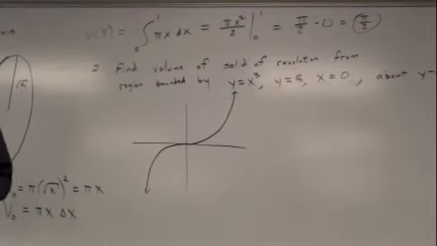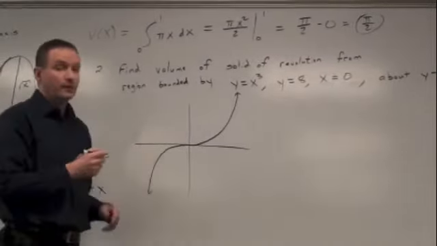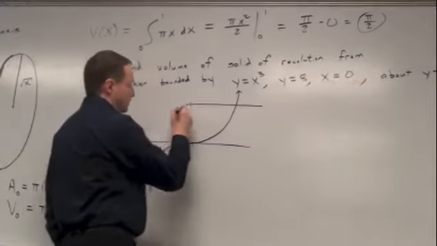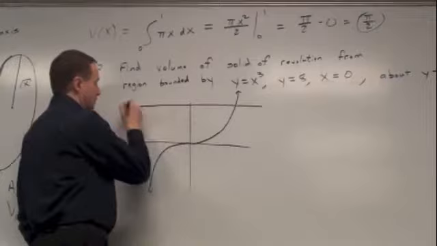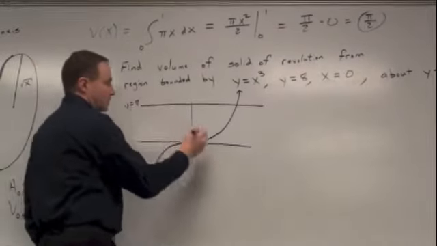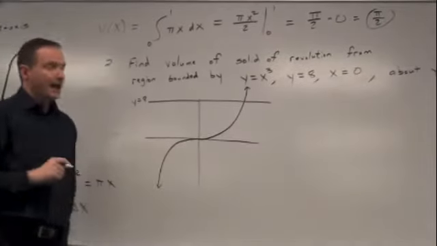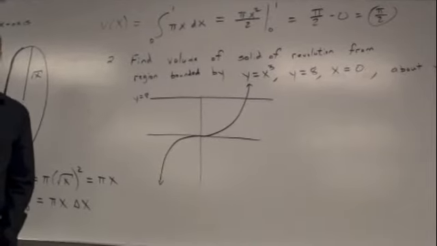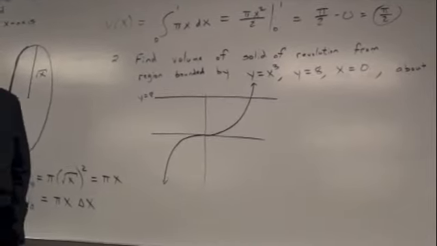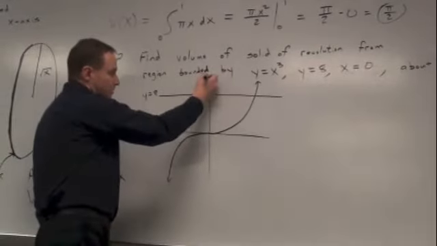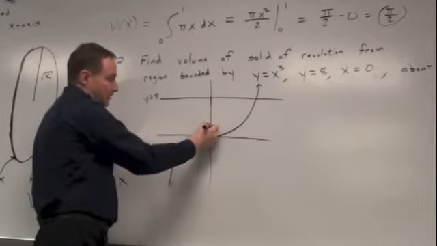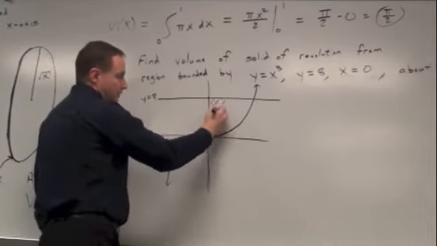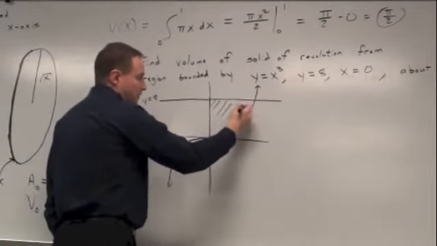Y equals 8, so a horizontal line at y equals 8. And then x equals 0, that activates the y-axis. X equals 0 is the y-axis. So what I need you to see here is that the region bound by all three of these curves is this region right through here.